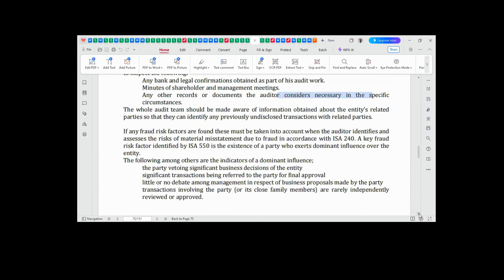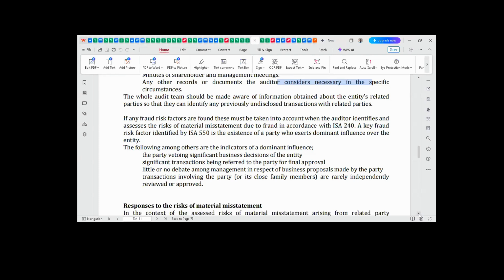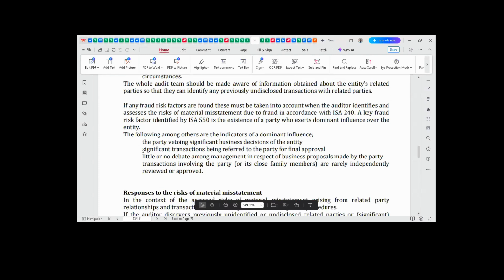Thank you very much. So another thing you also need to look at is that there are some indicators that will show that some individuals or organizations have significant influence. These are some of the things we'll be looking out for. Number one, the party vetoing significant business decisions of the entity.